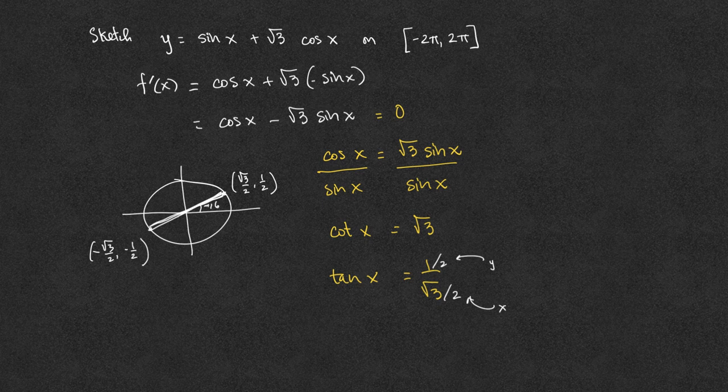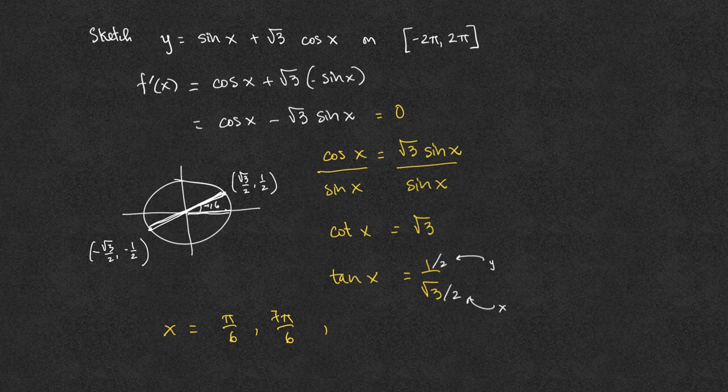And we see that by symmetry, if this angle is pi over 6, then the angle in the third quadrant is 7 pi over 6. So we conclude that tangent of x equals 1 over root 3, or the derivative is 0, when x equals pi over 6, 7 pi over 6.